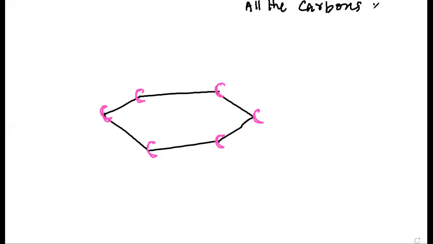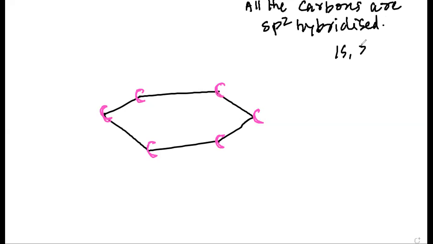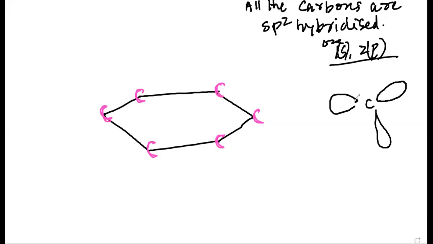When the carbon undergoes sp2 hybridization, one s and two p orbitals undergo hybridization, and thus a carbon will have three sp2 hybrid orbitals. These are the sp2 hybrid orbitals which are present in the same plane.